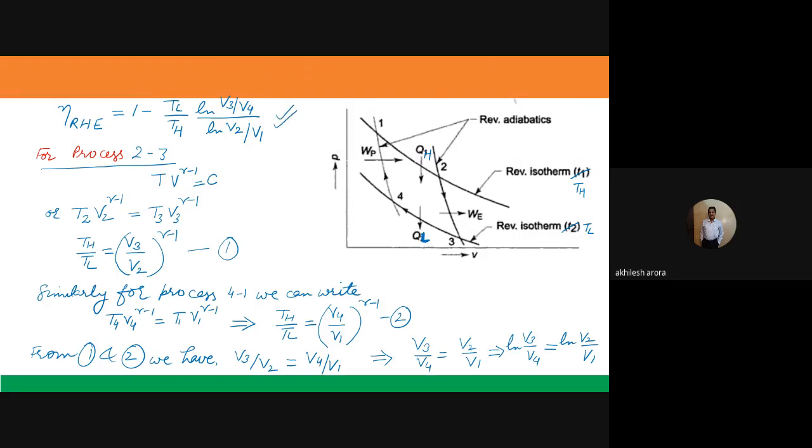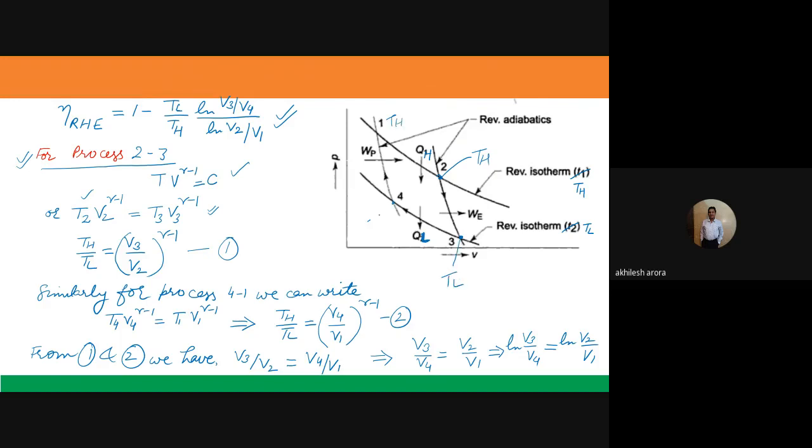Now we can look at the process 2 to 3. What is process 2 to 3 here? This is a reversible adiabatic process, and in case of a reversible adiabatic process, we know that TV raised to power gamma minus 1 is equal to constant, and we can write T2 V2 raised to power gamma minus 1 is equal to T3 V3 raised to power gamma minus 1. What is T2? T2 is nothing but TH. T1 is TH. T3 is TL.